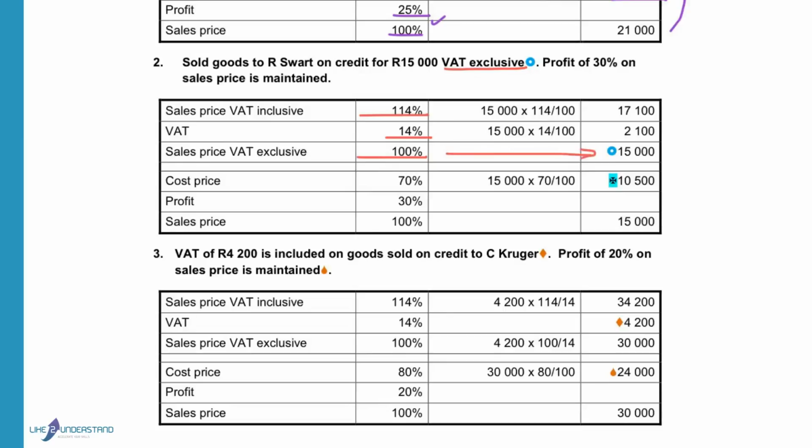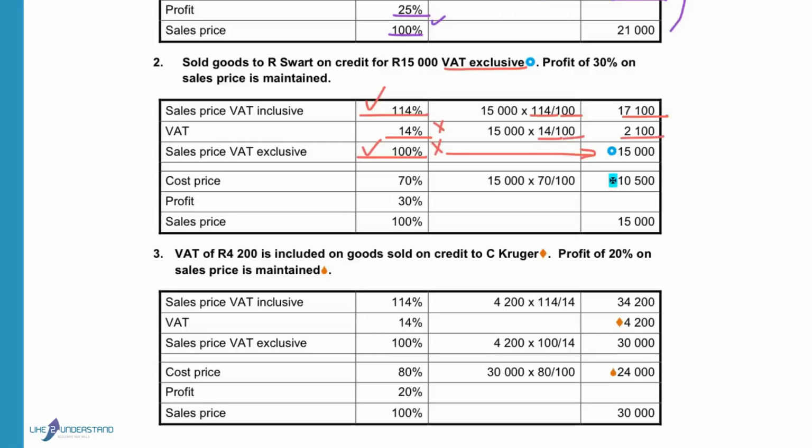If we want to know what is the total amount that the debtors owe us, we want to calculate what is the 114. So 114 divided by the percentage that we know, 100, and that will give us 17,100. If I want to calculate the VAT, I will take the VAT 14% divided by the one that I know, 100, and that will give me 2,100.